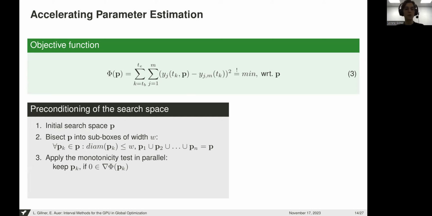Then we apply the monotonicity test to every subbox in our search space, meaning that we only keep a box if the gradient of our cost function actually contains 0. And then we hopefully reduce our search space to a smaller one by building the convex hull of all suitable boxes and maybe reiterate or run a different optimization algorithm on this smaller box P star.